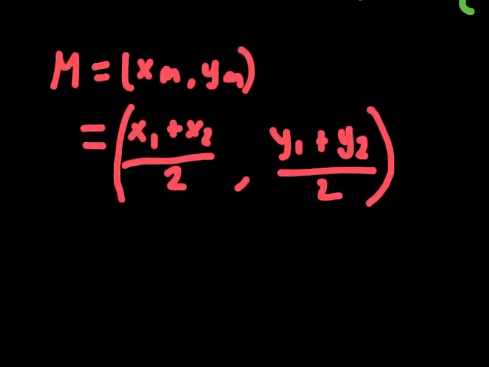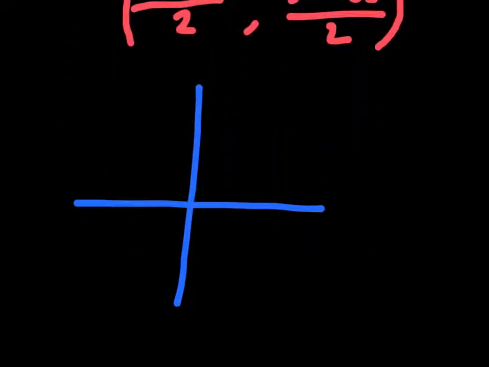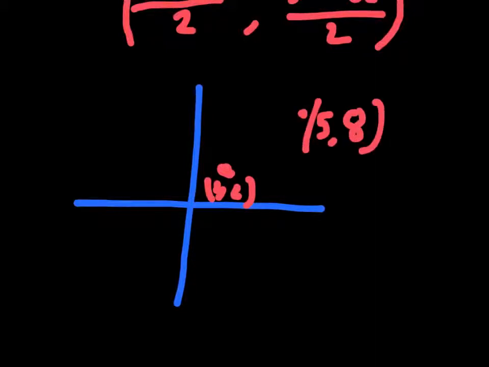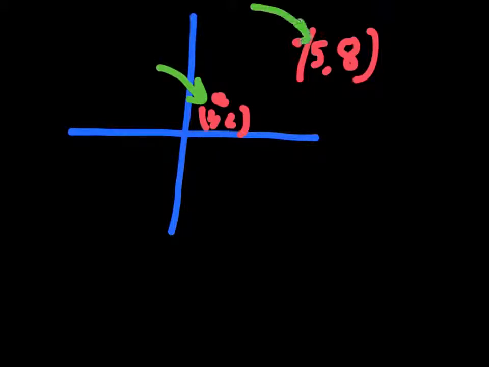So let's try an example with this. For example, we have a plane like this, and we have points 1, 2, and point 5, 8. We want to know the midpoint between these two. So what we would do is we would take the x1 and the x2 and add them together, x1 plus x2 over 2.